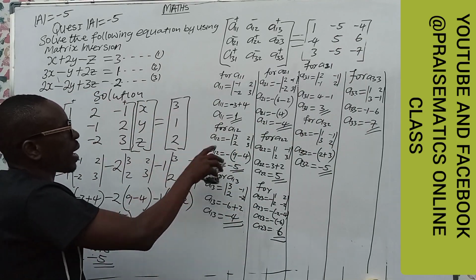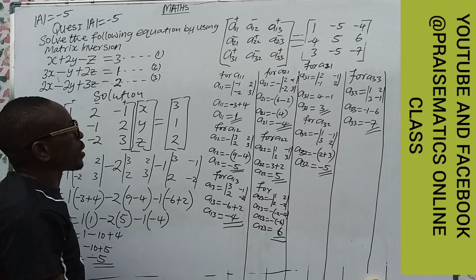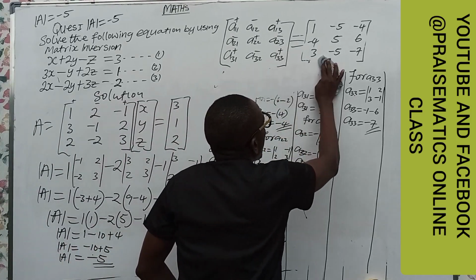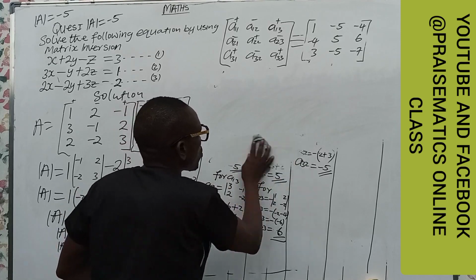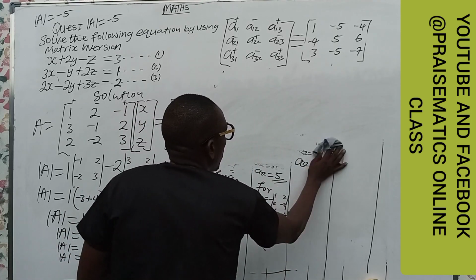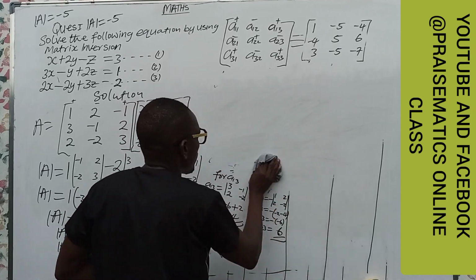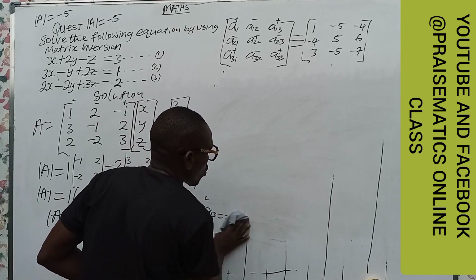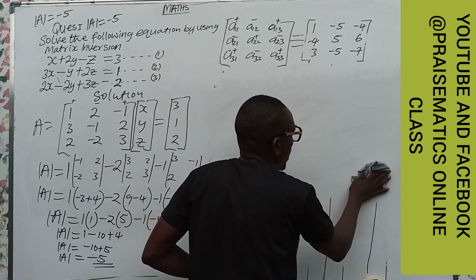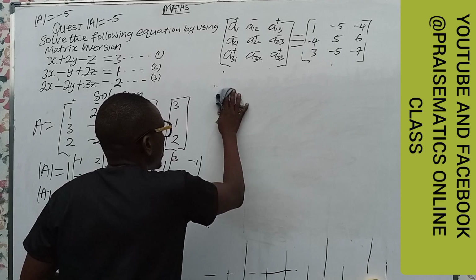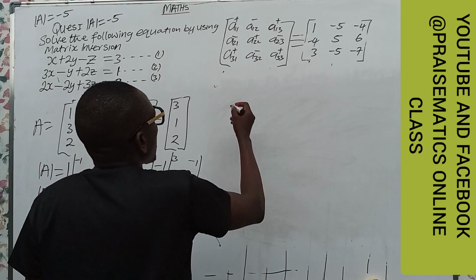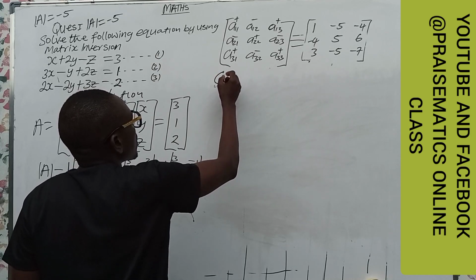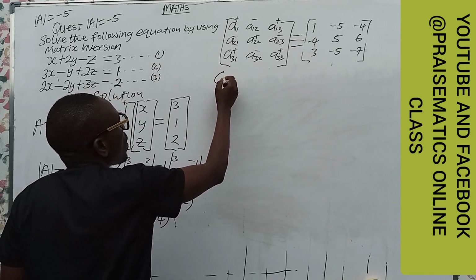So I need to wipe it up so that we continue. Okay, thank you. Now from this, we have succeeded in getting this. So now let's look at the inverse method. We are through, and we have gotten our cofactor.